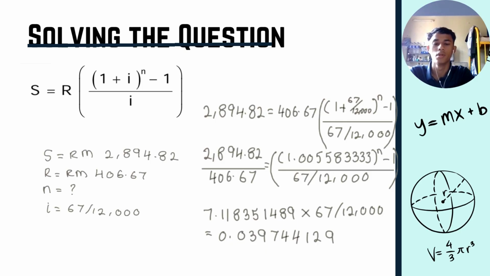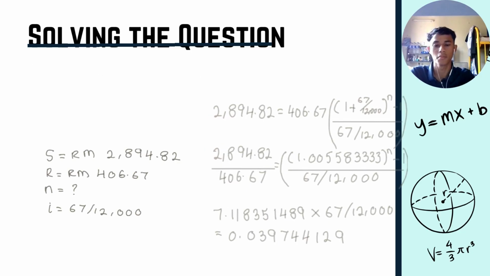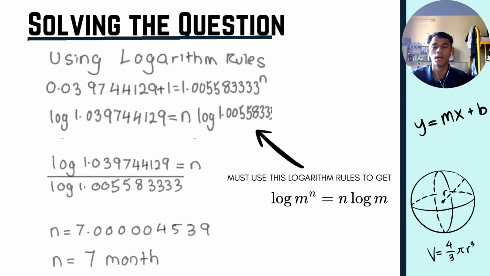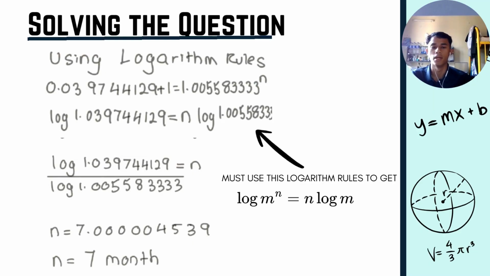Then we multiply by 6.7 per 1200, leaving 1.00558333 to the power of N minus 1 on the right side. In the result, we will get 0.039744129 for the left side. After getting the left amount, we need to add 1 by transferring the negative 1 to the left side, making it positive, and leaving the rest of the numbers on the right side.